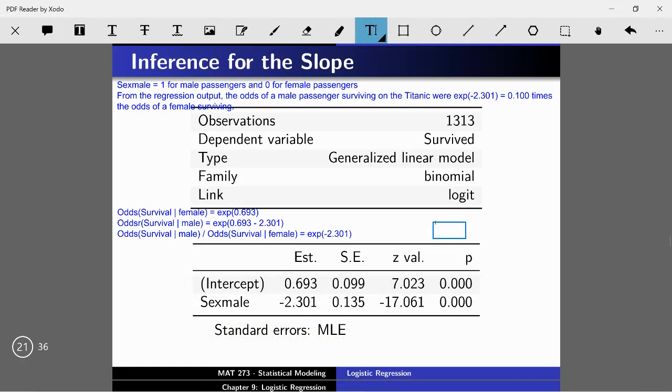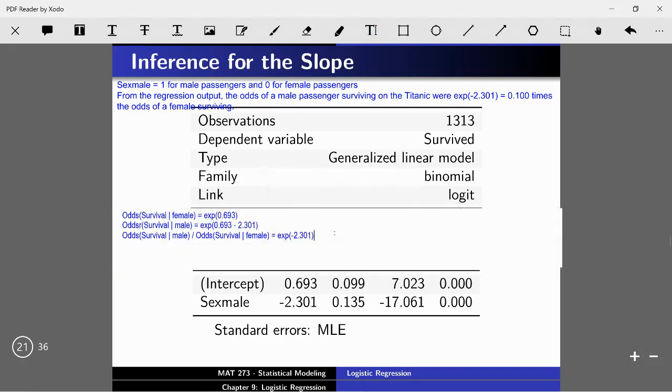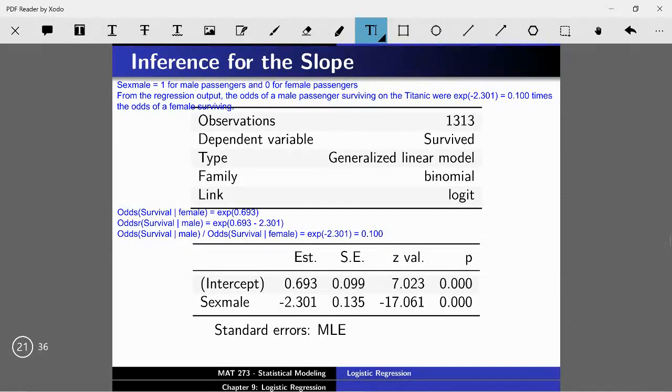I guess we won't worry about the probability of survival here right now, but this is how we'd get the odds ratio, which we found was about 0.100. So that's how that makes sense.